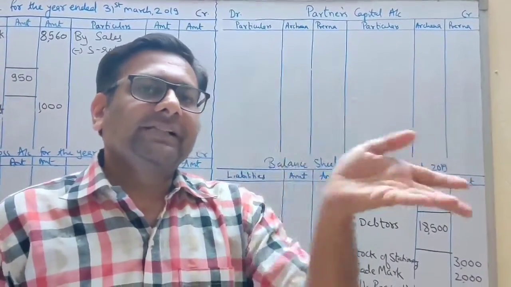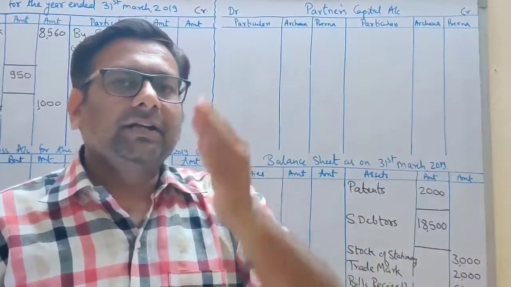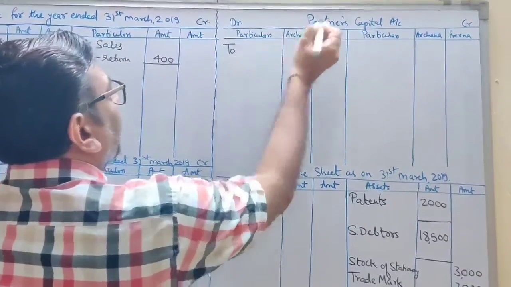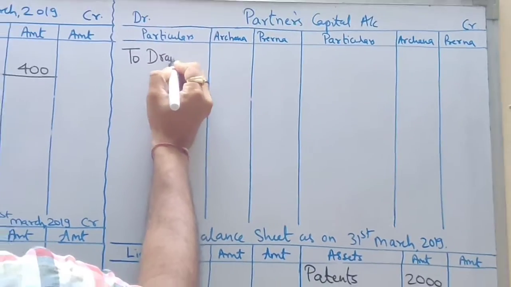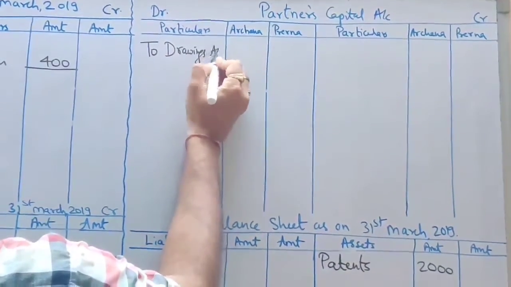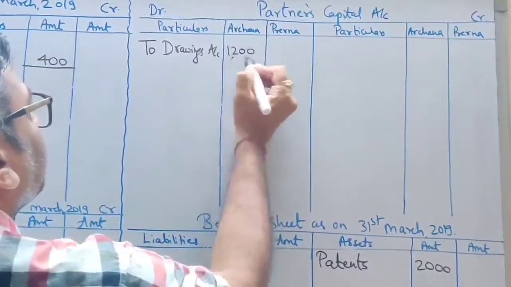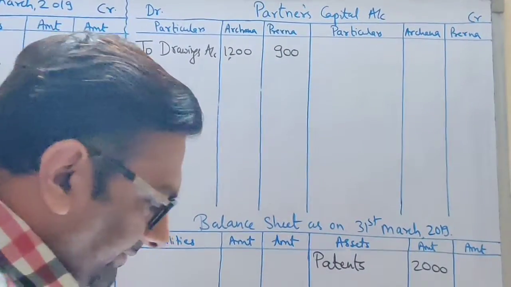So this is a drawing, you will write it on the debit side of the capital account, to drawings account. And the amounts are 1200 and 900.